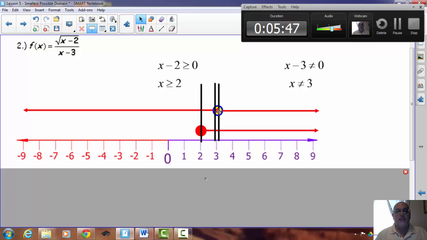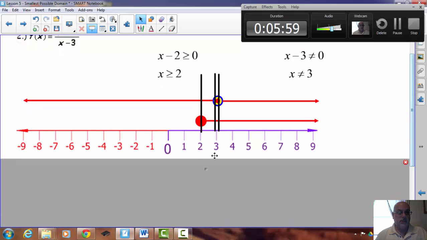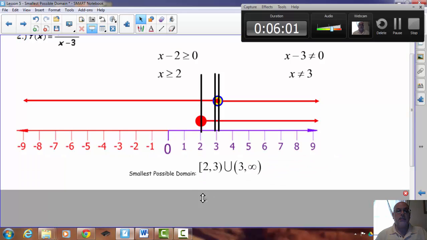3 is not a possible value for the domain at all because it will not work for our denominator. But everything to the right of 3, where you see the two red lines running together again, they're valid values for our domain. So when I put this in interval notation, the smallest possible domain is everything starting at 2, ending just before 3.